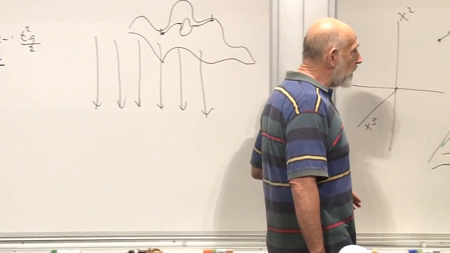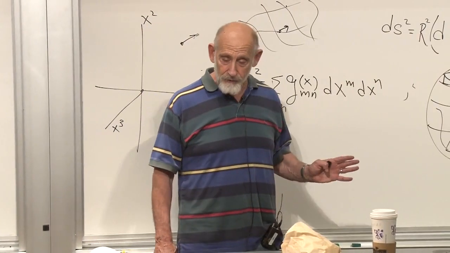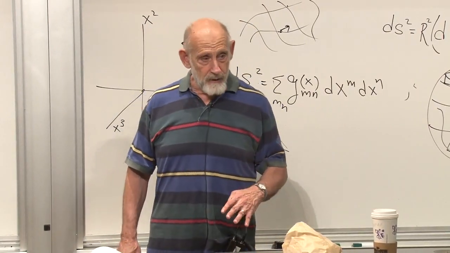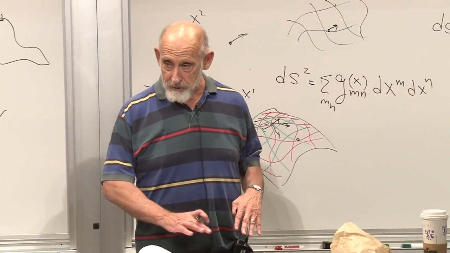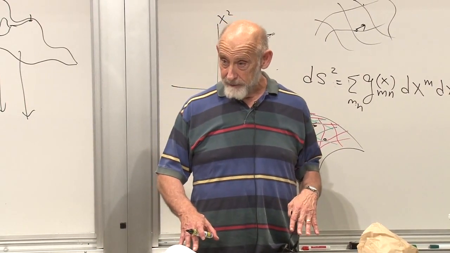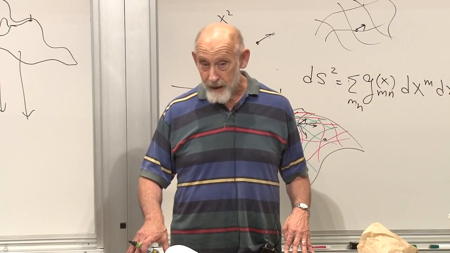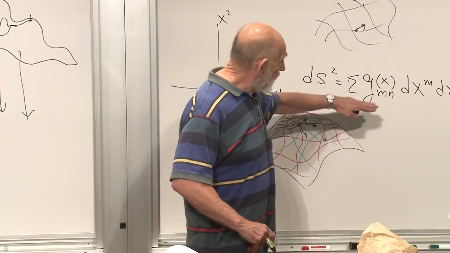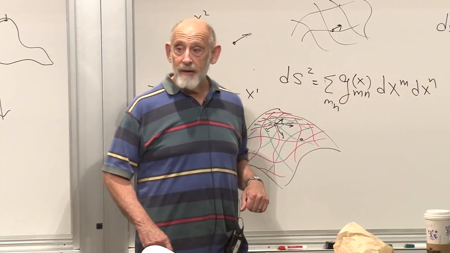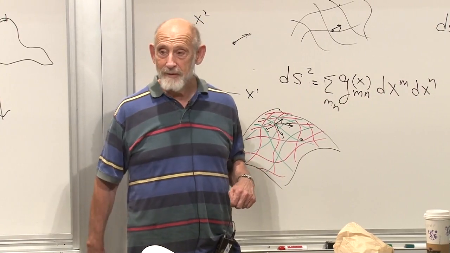Now we're talking about a problem that sounds similar and in fact is similar. How do you tell, given a space, whether it is flat? The answer is you look for a coordinate transformation which turns g_mn into what?